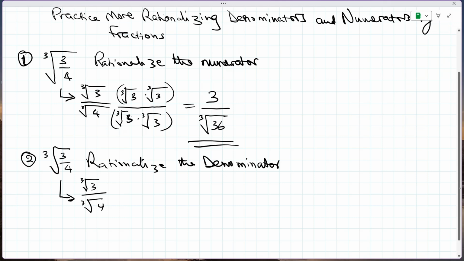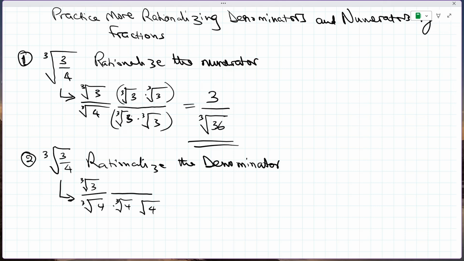And then we have to multiply the bottom with a factor that will get the cube root sign off from that expression, and that will be multiplying by cube root 4 and another cube root 4, because cube root 4 times cube root 4 times cube root 4 will give us 4.